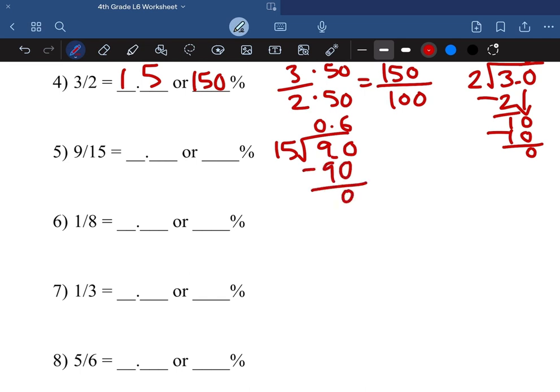And then we get 0 left over. So the decimal is 0.6. From here, we multiply the decimal by 100. So 0.6 times 100 is 60, because if you multiply by 100, we move 2 decimal places. So number 5, the answer is 0.6 or 60%.